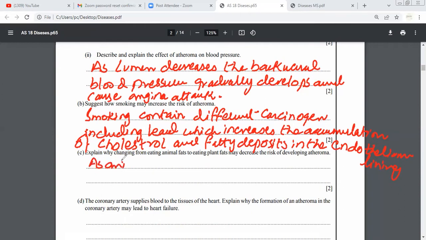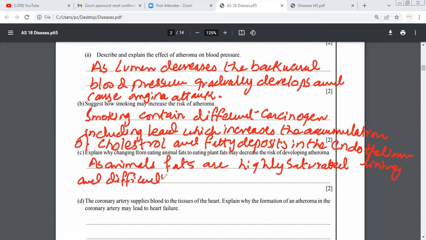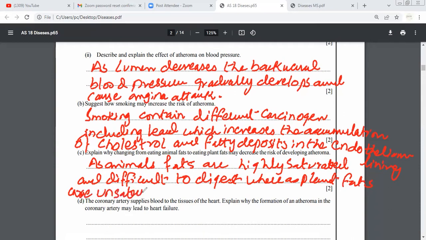As animal fats are highly saturated and difficult to digest, whereas plant fats are unsaturated, so easily digested and do not deposit it.